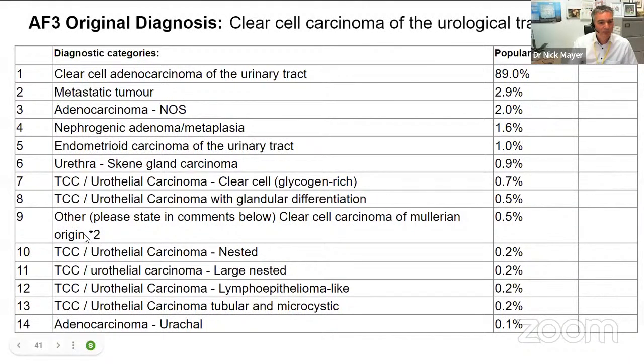If we work our way down through the other offerings, metastatic tumor, I think again maybe we have to be a bit sympathetic here, because the ovarian versions of this tumor or the gynae versions of this tumor are almost identical and really require clinical, or clinical and radiological, separation.